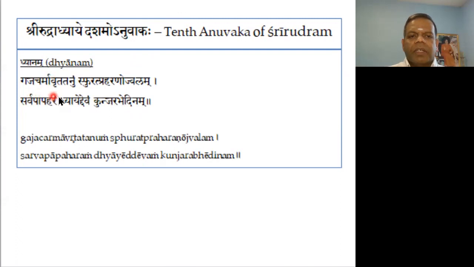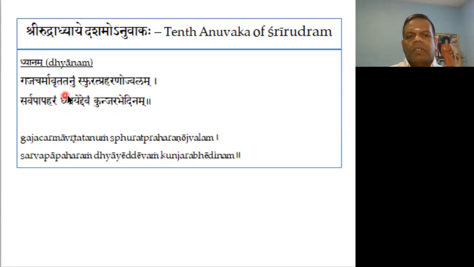Gaja Charmavritatanum, Spurat Praharanojwalam, Sarva Papaharam, Dhyayet Devam Kunjara Bhedinam.